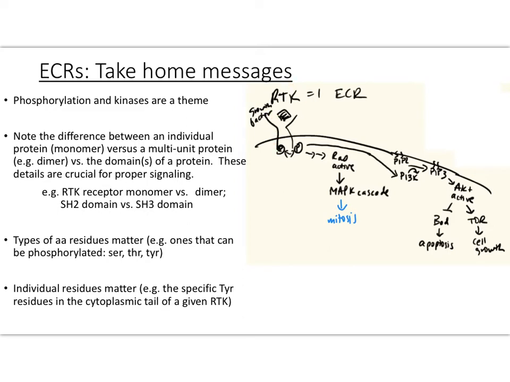It's a monomer, as you know, when it's inactive, a dimer when it's bound to its ligand, for example, a growth factor, and then within each of the receptor protein monomers, there are several domains, including the kinase domain, which is down here. We also highlighted the adapter proteins and that they might have SH2 and/or SH3 domains, and those would be over at this position here in the pathway.